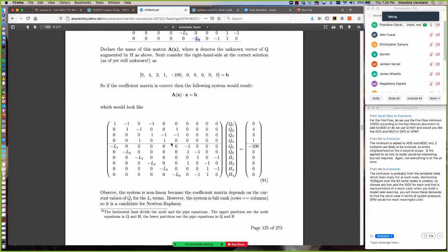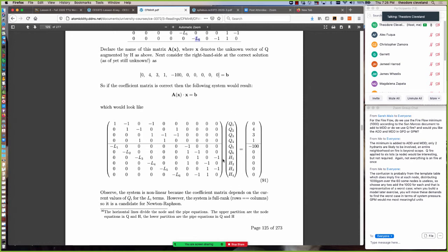We solve that system, and we'll get a new value of Q's and H's from the solution of that linear system. We use the new Q's, recompute the L's, and solve it again for yet a new guess.